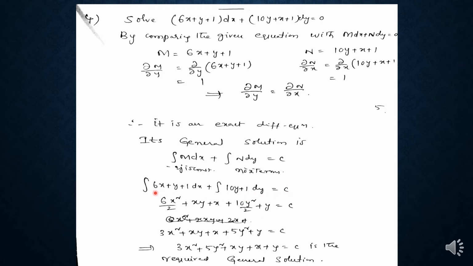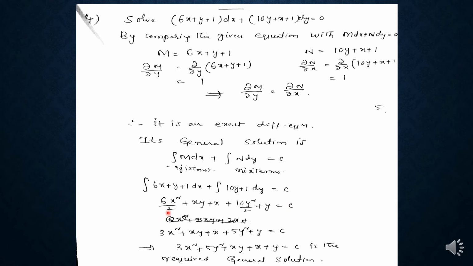Now integrate M with respect to x, that is dx, and y is treated as a constant. So integral 6x dx is 6x square by 2, plus integral y dx is y into x, that is xy, plus integral 1 dx is x, plus integral 10y dy is 10y square by 2, plus integral 1 dy is y, is equal to c.